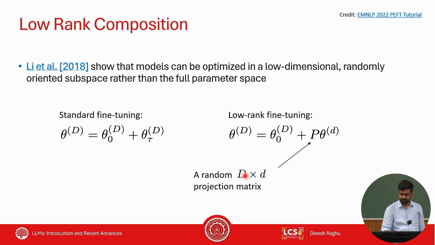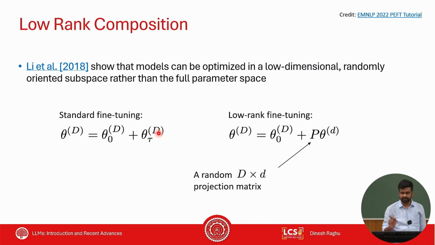The dimension of P is capital D cross small d, and for a certain d which is much lesser than capital D, there exists a theta d which will achieve the same performance as theta D.